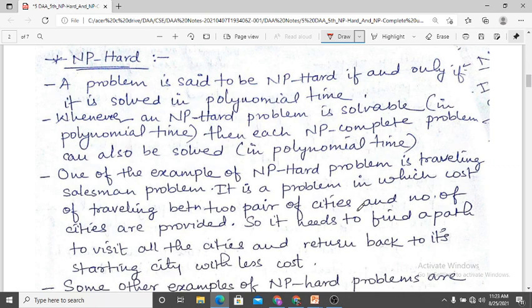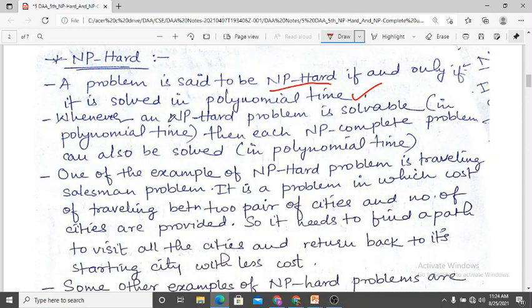NP hard. A problem is said to be NP hard if and only if it is solved in polynomial time. Okay, it does not have any more conditions. It is only one condition, that it is solved in polynomial time. Whenever an NP hard problem is solvable in polynomial time, then each NP complete problem can also be solved in polynomial time.